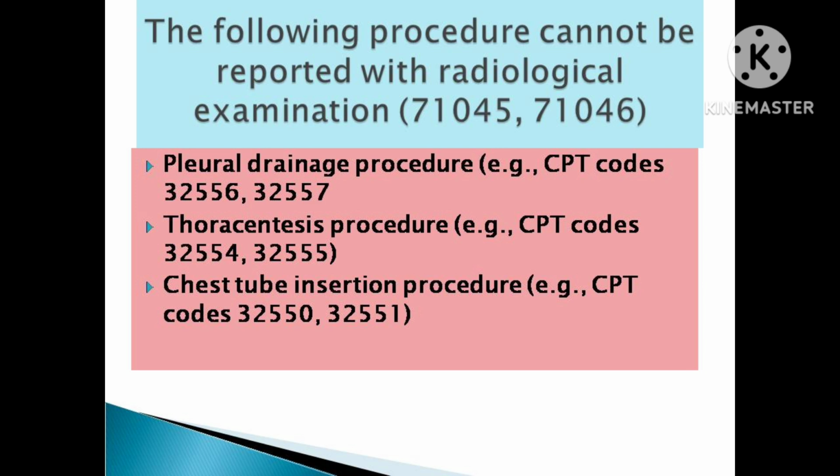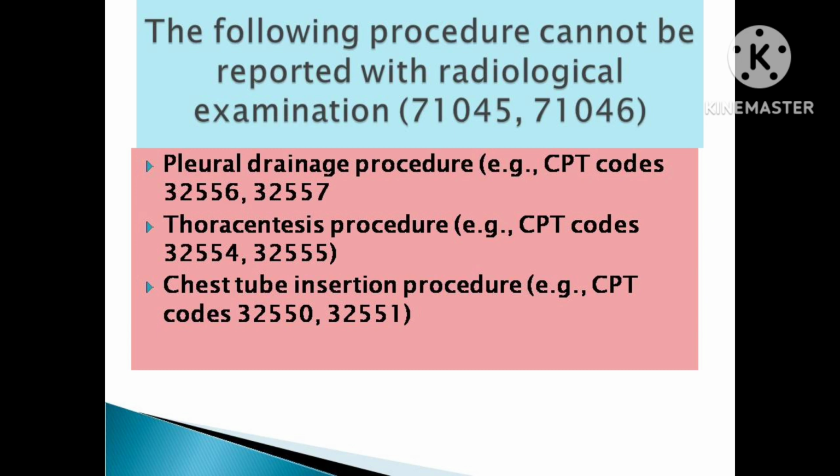The pleural drainage procedure codes are 32556 and 32557. Thoracentesis procedure CPT codes are 32554 and 32555. Chest tube insertion procedure CPT codes are 32550 and 32551. So when the doctor performs these three procedures with a radiological examination, we cannot bill the radiological examination with these procedures.